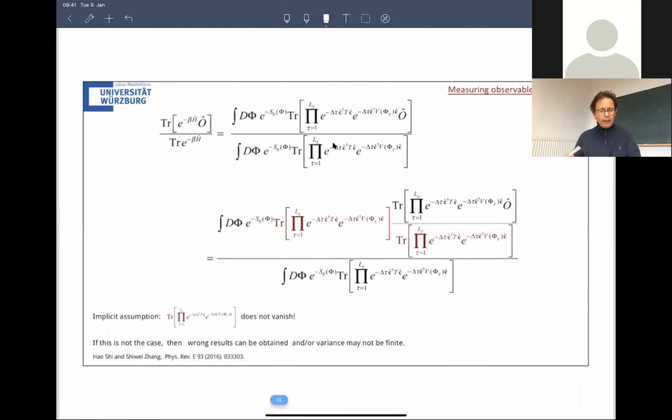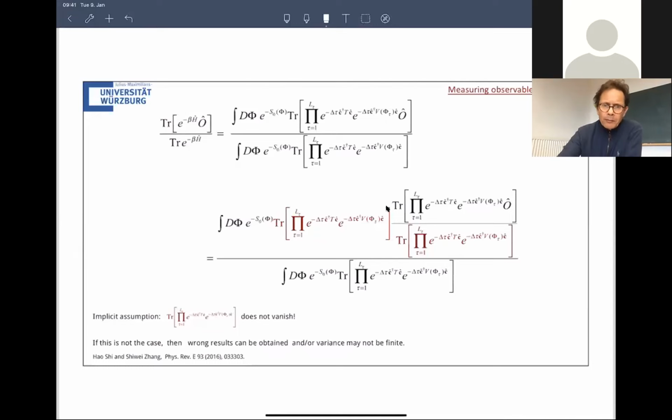If I retrace my steps, this is what I would like to calculate, right? If we do the Hubbard-Stratonovich transformation, the Trotter decomposition, etc., I will have in the numerator exactly the same thing as before, but with my observable here, and in the denominator the partition function which we talked about up to now.